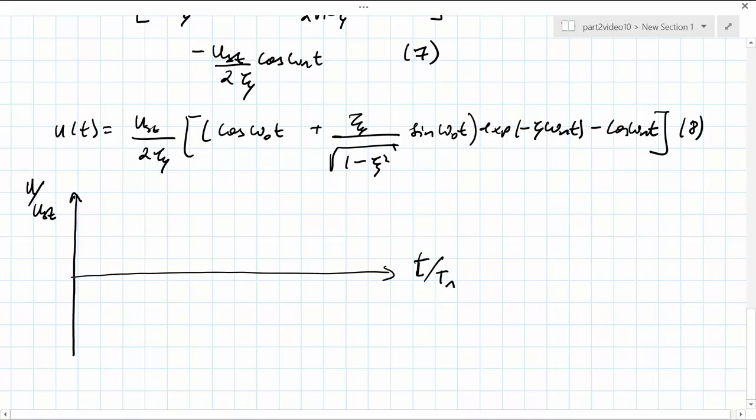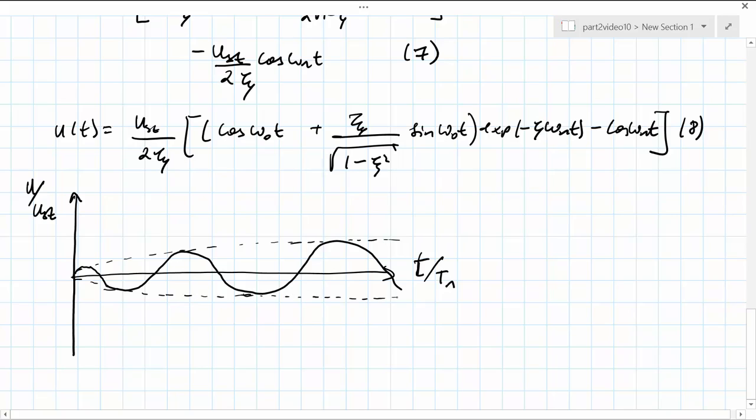We then end up with an oscillating function that is gradually getting larger and larger, and in a separate analysis we can plot a function that is always tangential to the peaks of this response.